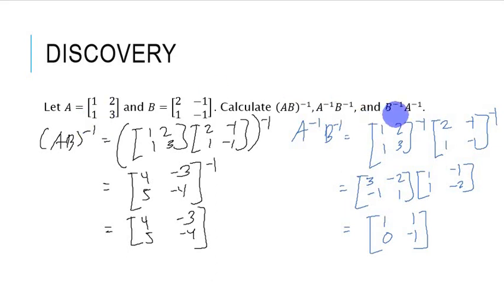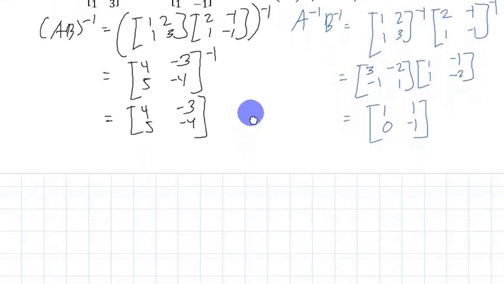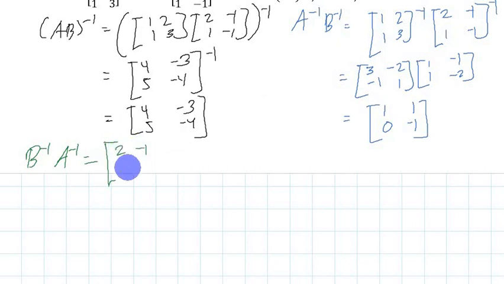What about B inverse and A inverse? Having B inverse times A inverse means that I'm first going to get B inverse, [2, -1; 1, -1] inverse, then multiplying it to A inverse, which is [1, 2; 1, 3] inverse.